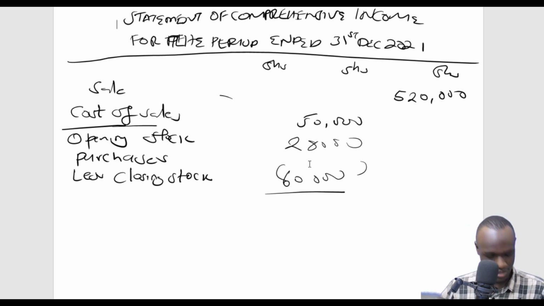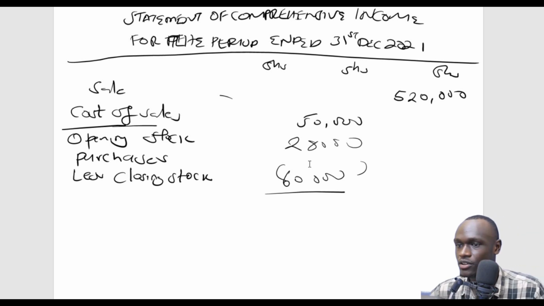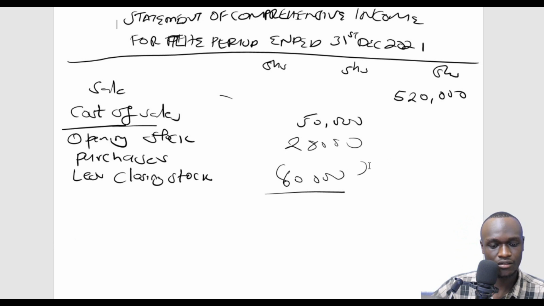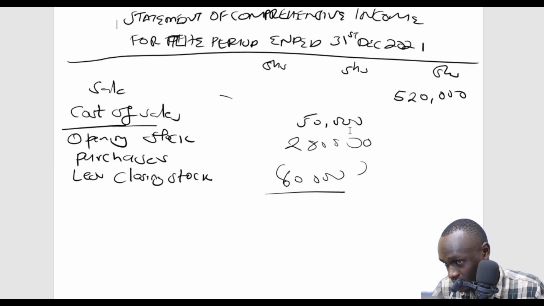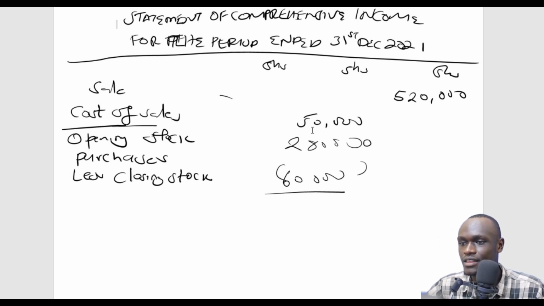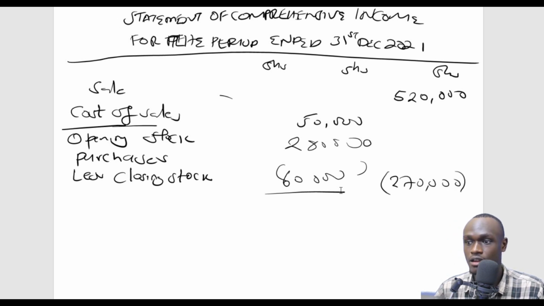No, it's 50,000 plus purchases, which is 280,000, not 28,000. 50 plus 280 is 330, minus 60 will get 270,000. So the cost of sale is 270,000. We less it from the sales so that we can get the gross profit.